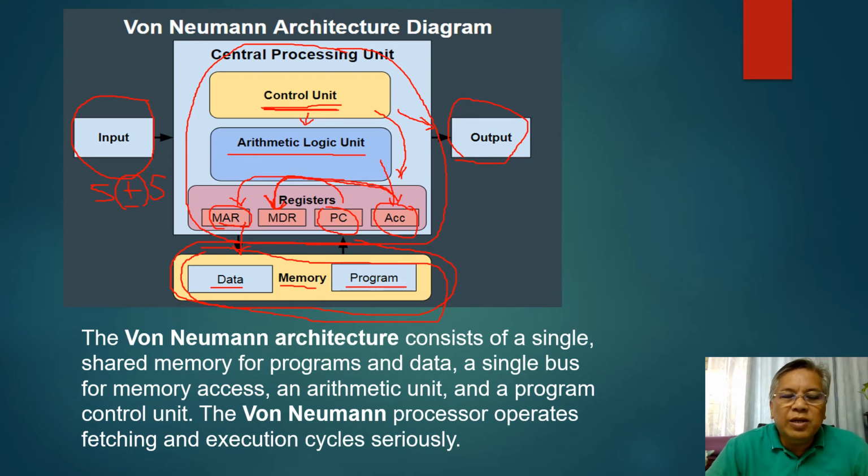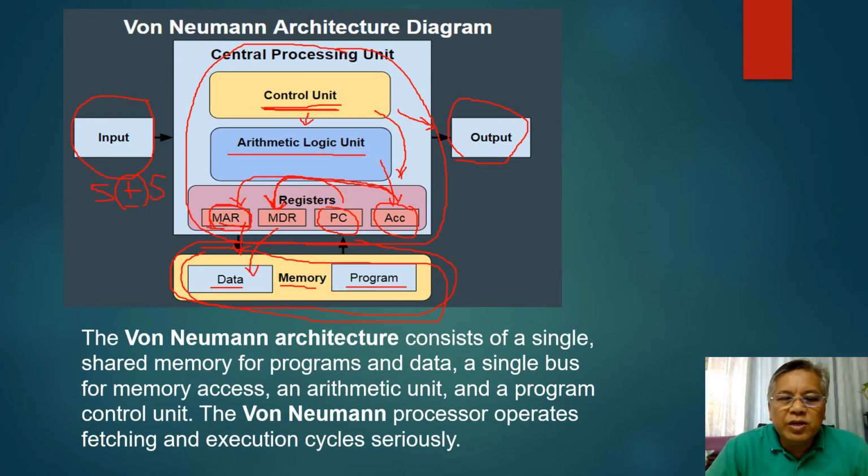This memory data register will now be transmitted into your data here. Okay? Unsa maasa man siya musulod sa imong memory? Under sa data, what particular address? What particular register? Register R sub 0, which is being addressed by your memory address register.